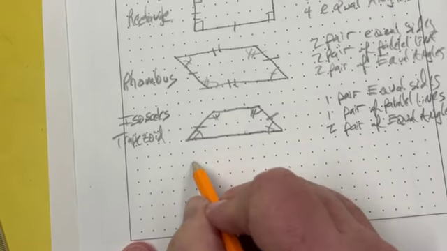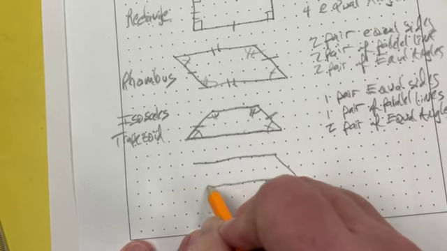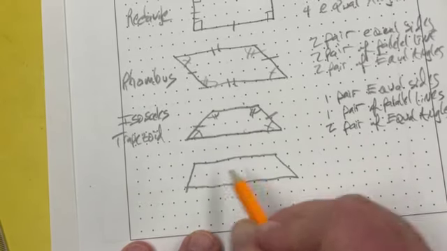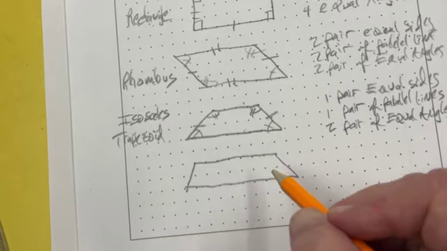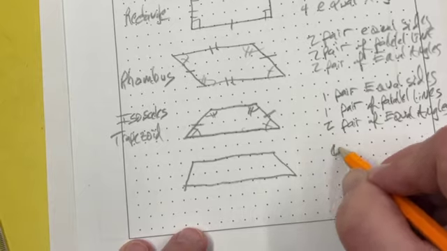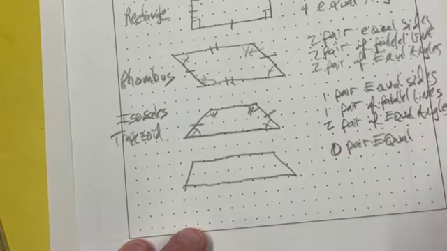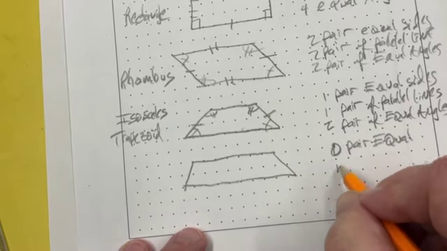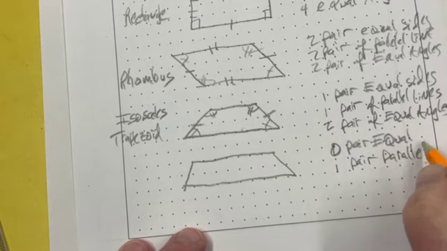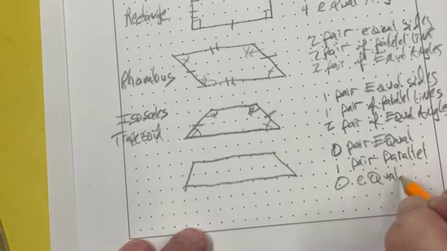Because you could also have a trapezoid that looks like this. See how this is not the same and these angles are not the same? None of these angles are the same. So this is no pair equal sides and one pair parallel lines and no equal angles.